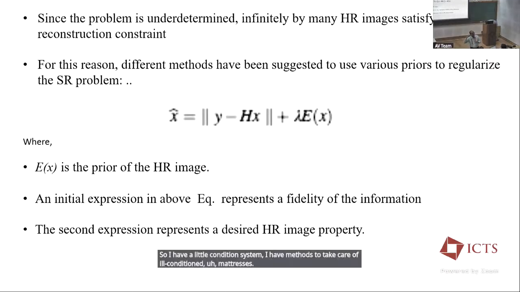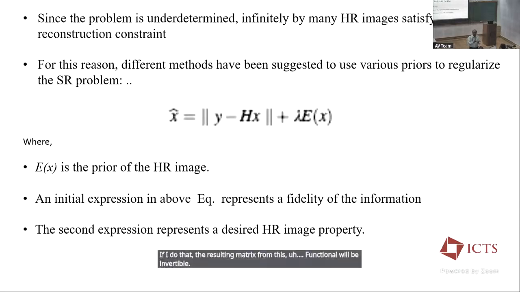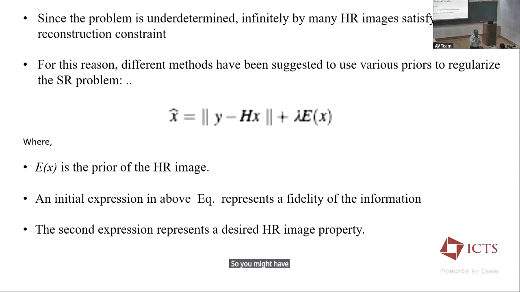So in the functional form, the ill conditioning is taken care of here. If I do that, the resulting matrix from this functional will be invertible. Otherwise, you have difficulties. You may have a 0 on the diagonal, or you may have very, very small eigenvalues. So you may have clustered ones, you may have difficulties. So this is going to take care of that.